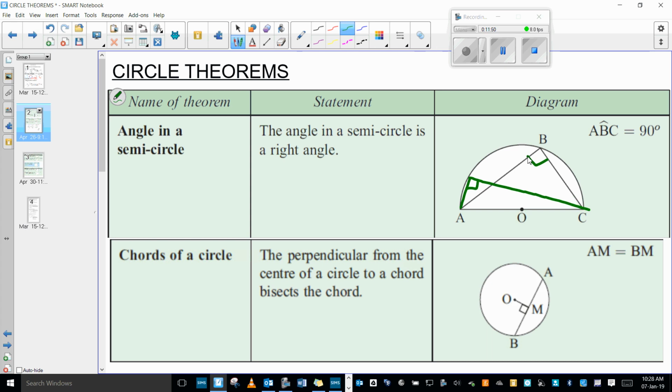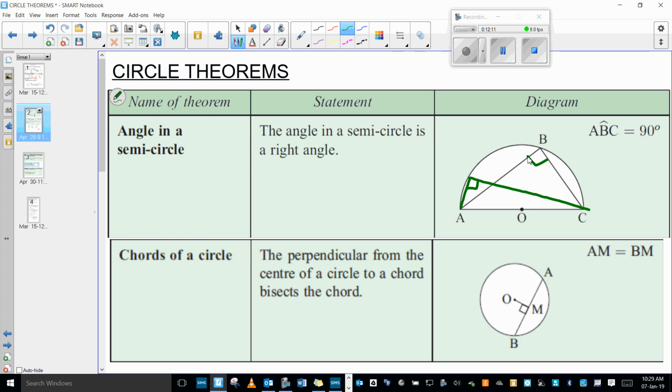So if you saw a picture like this and they asked you to calculate this missing angle, you would just say it's 90 degrees. The reason you would give is angle in a semicircle. You don't need to say any more than that. The reason would be angle in a semicircle.